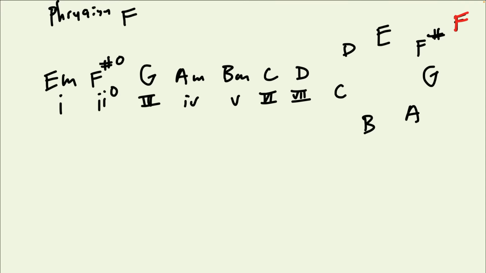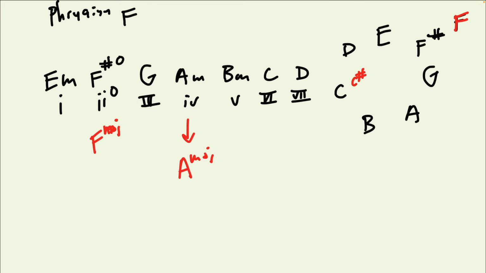Well then, instead of an F sharp diminished chord, we would just have an F major chord, which would just be a different flavor. And if we used this C sharp instead of C for Dorian mode, that would give us an A major chord here, which would also just be a different flavor.